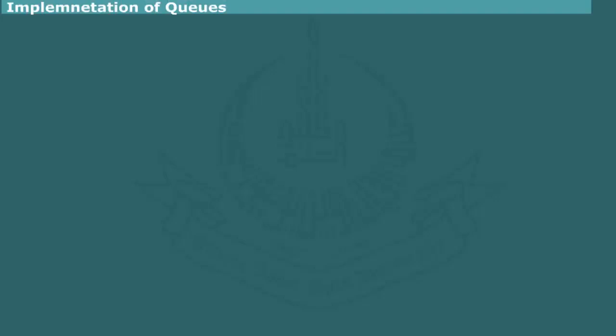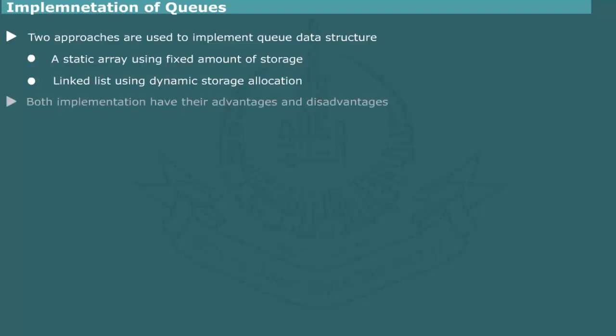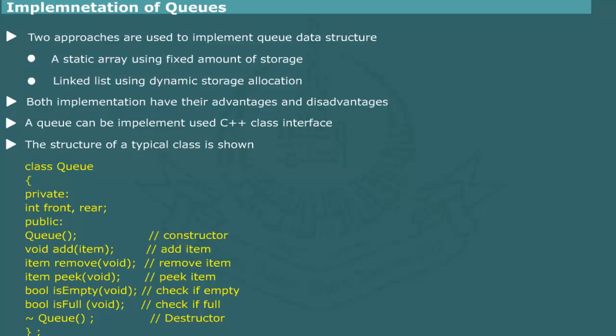Implementation of queue. There are two approaches to the implementation design. A queue can be stored in static array of fixed size or dynamically allocated memory using linked lists. Both schemes have their advantages and disadvantages. In general, the queue data structure is implemented as a C++ class which has the composition as shown.